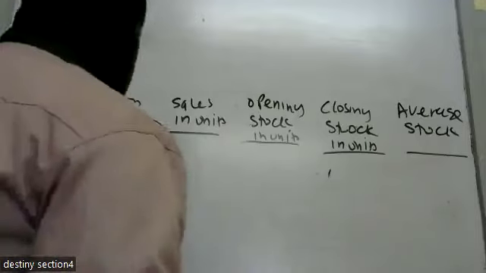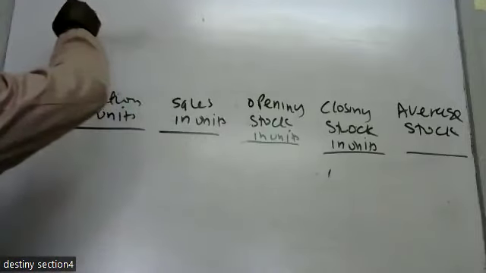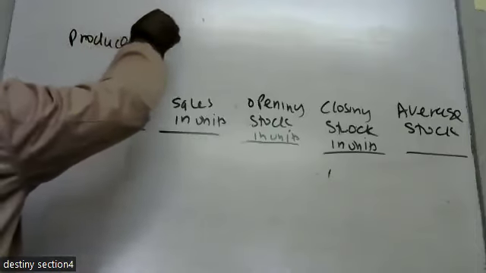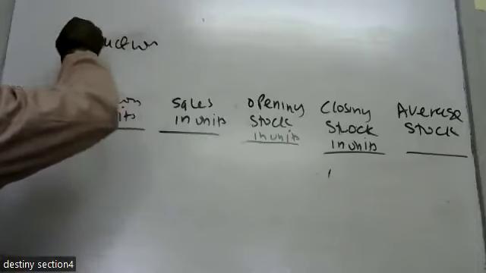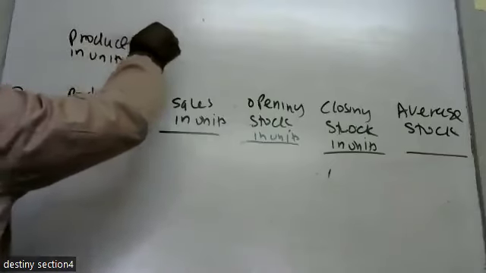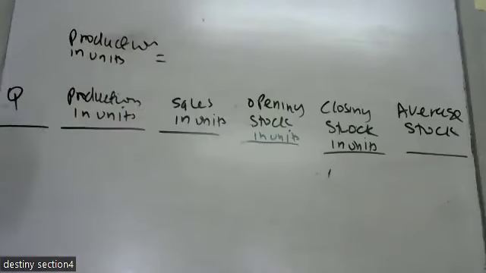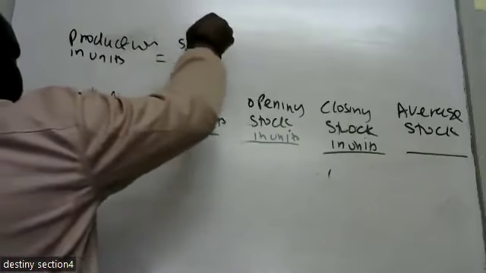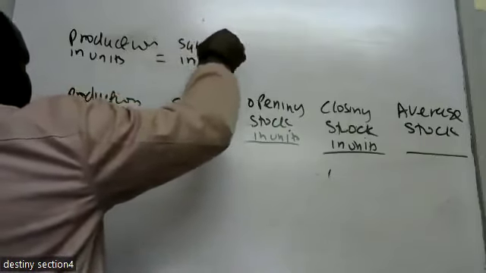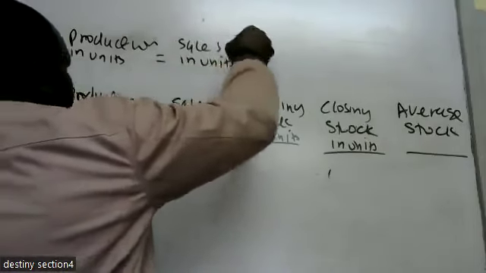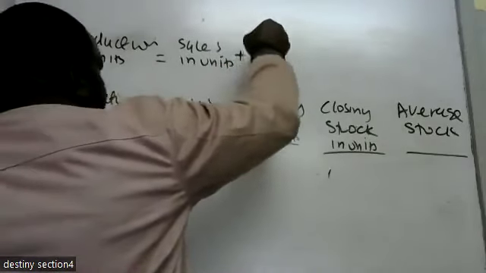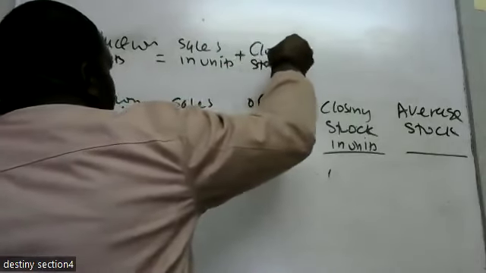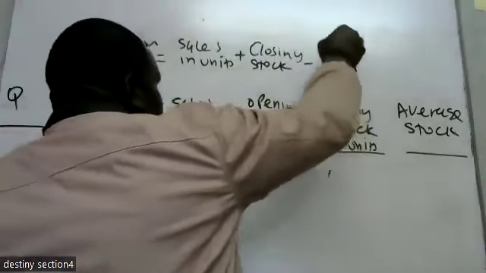So remember, when you want to get the production in units, you take the sales in units, you add on the closing stock, then you minus the opening stock.